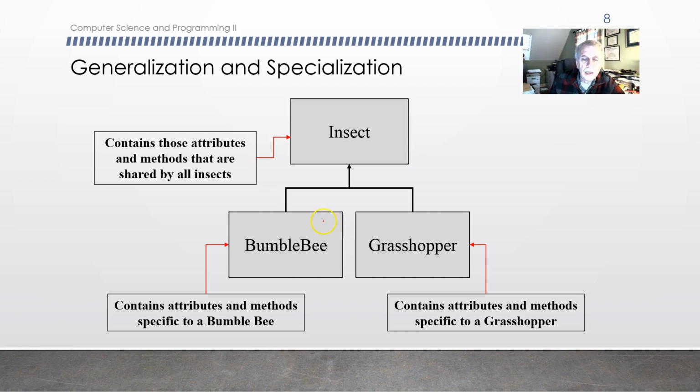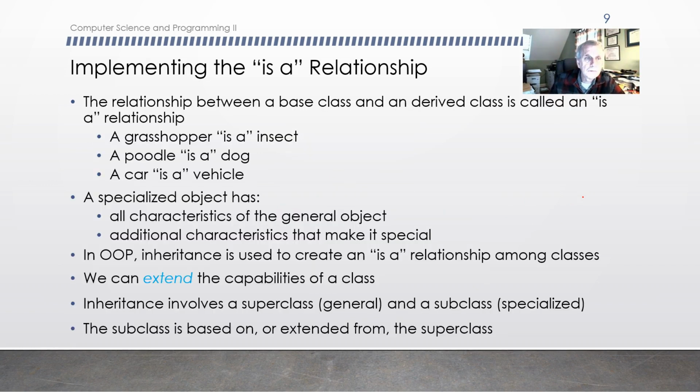But notice the idea is that the subtype or subclass refers to or points to the superclass. That's the notion of the UML diagram signifying inheritance.